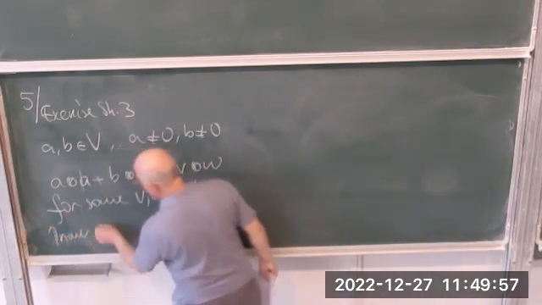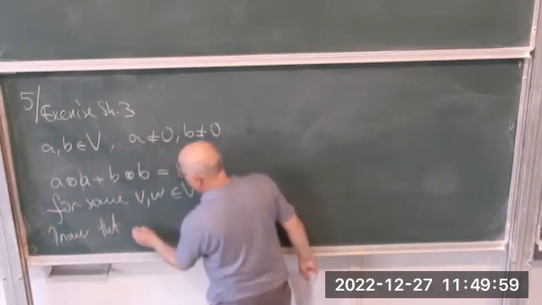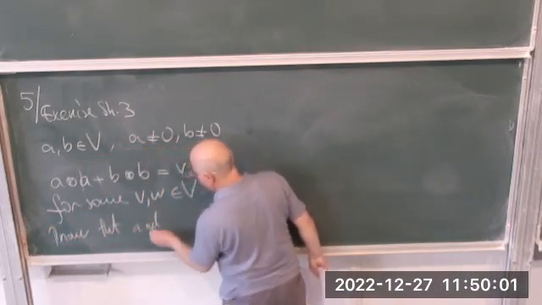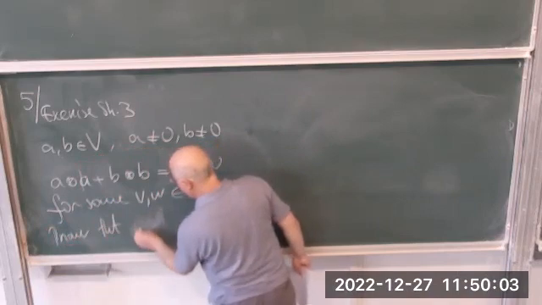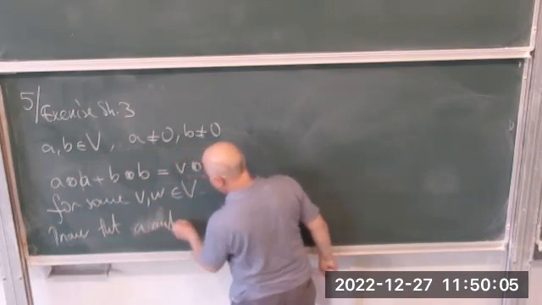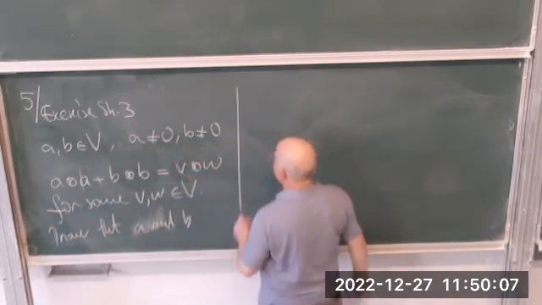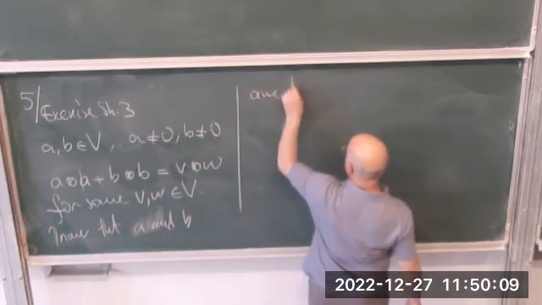The conclusion is that prove that a and b are linearly independent or linearly dependent.